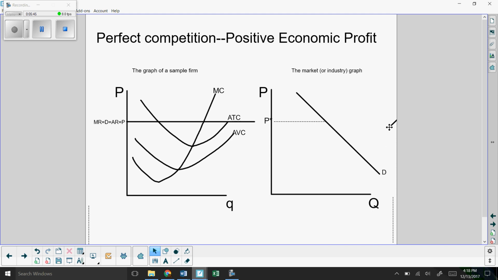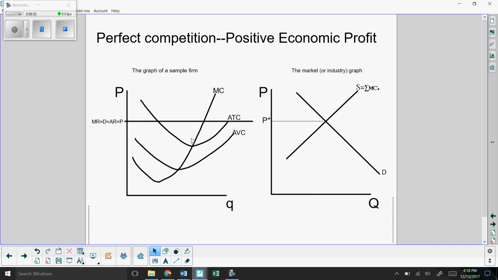And then we can arrange a D and an S. And you notice my strategy for graphing every time is that I'm going to do the firm graph, and then I'm going to come back and reverse engineer the market graph. Even though in real life the things happen in the market graph and then they have consequences for the firm.